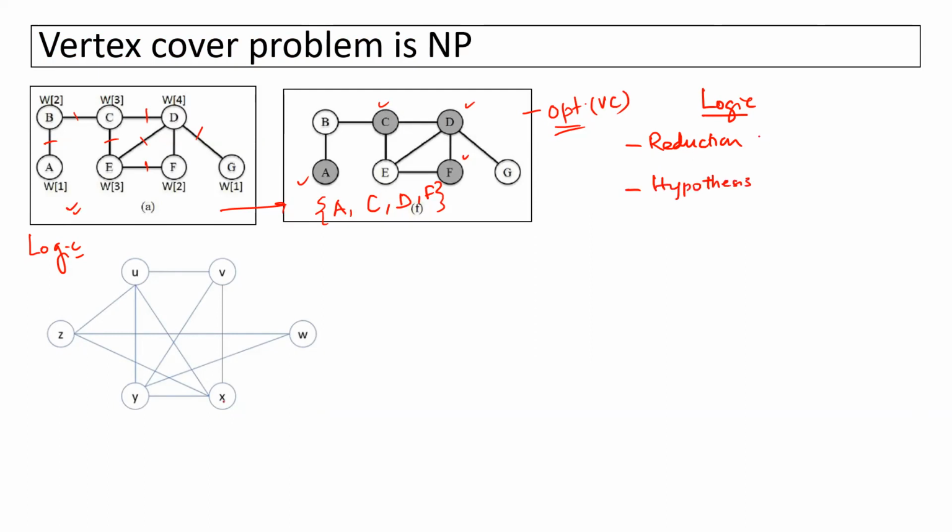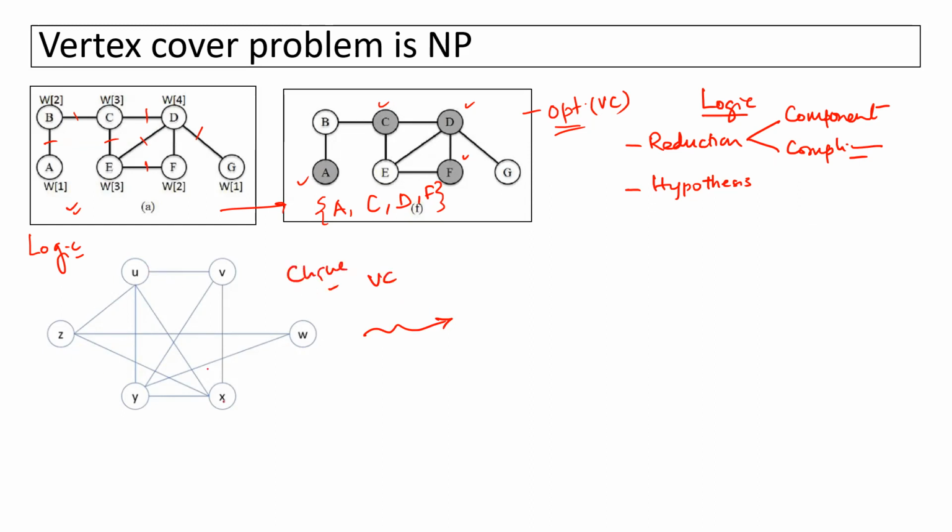Reduction can happen in different ways. One way is component reduction and another way is complement reduction. Here we are trying to check how we can generate a hypothesis which will be proved for the vertex cover problem using the clique solution.